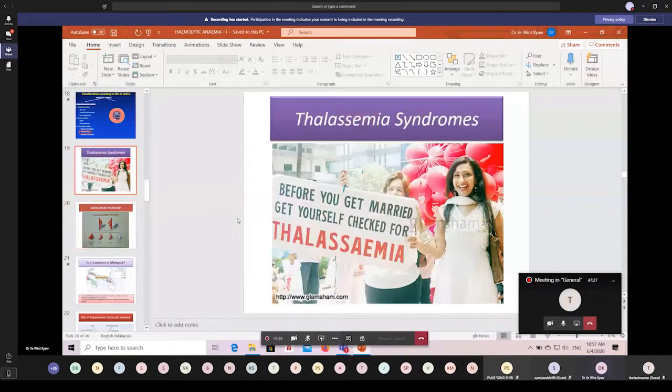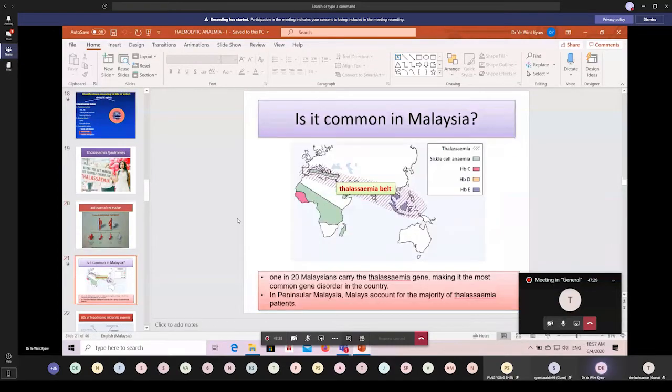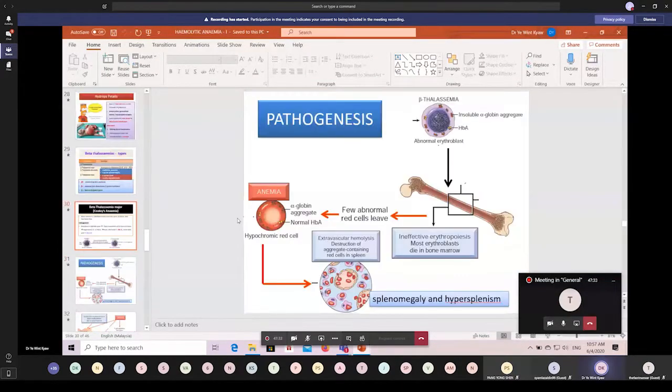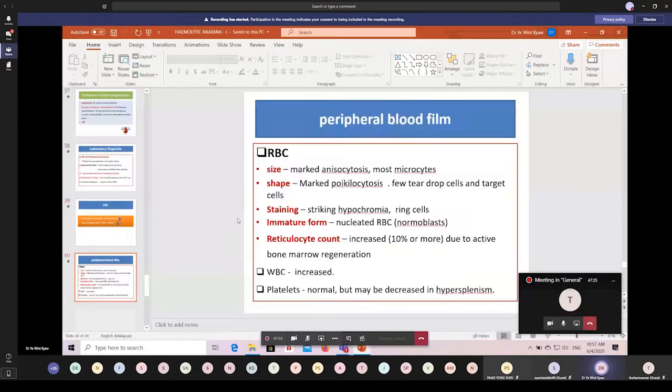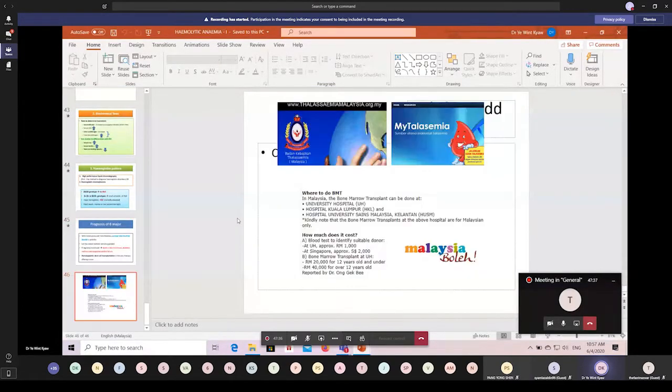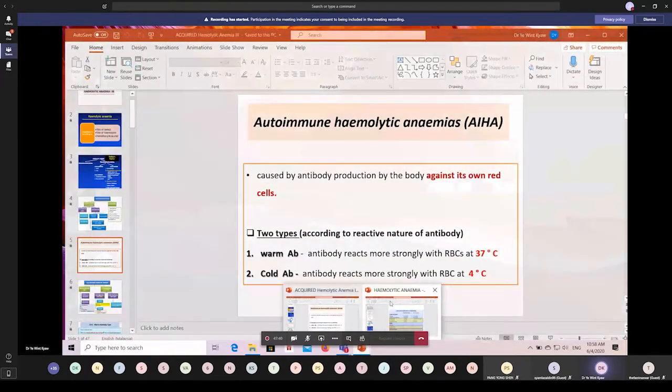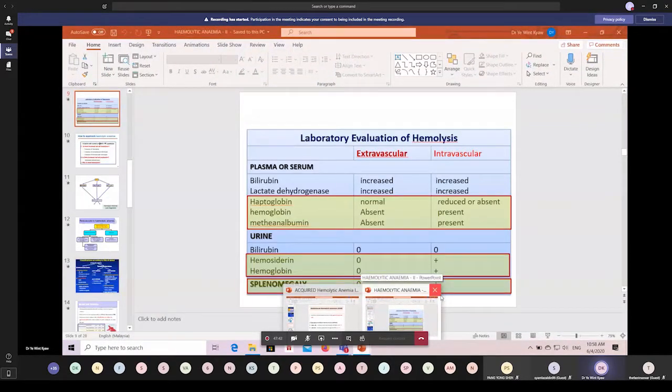And you must know thalassemia. Very important because it is very common in Malaysia. First, thalassemia. For thalassemia, you can make your own notes for summary. No need to write everything. You can reduce because my PowerPoint is quite long.